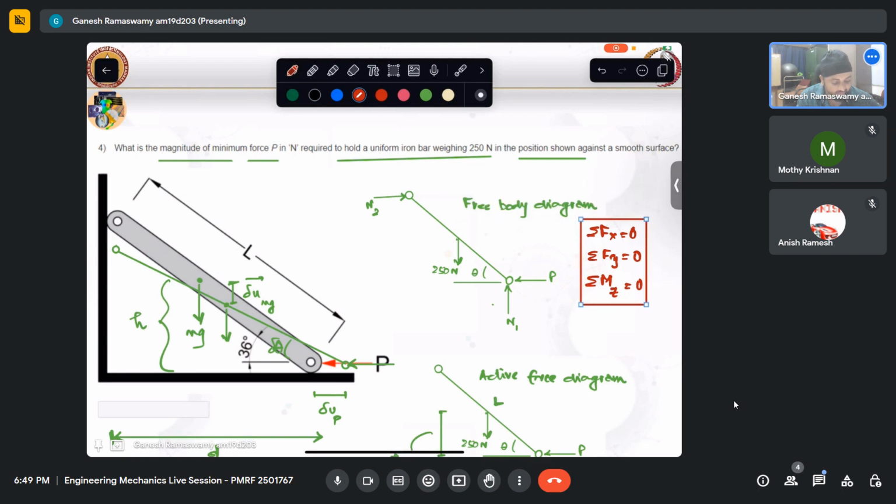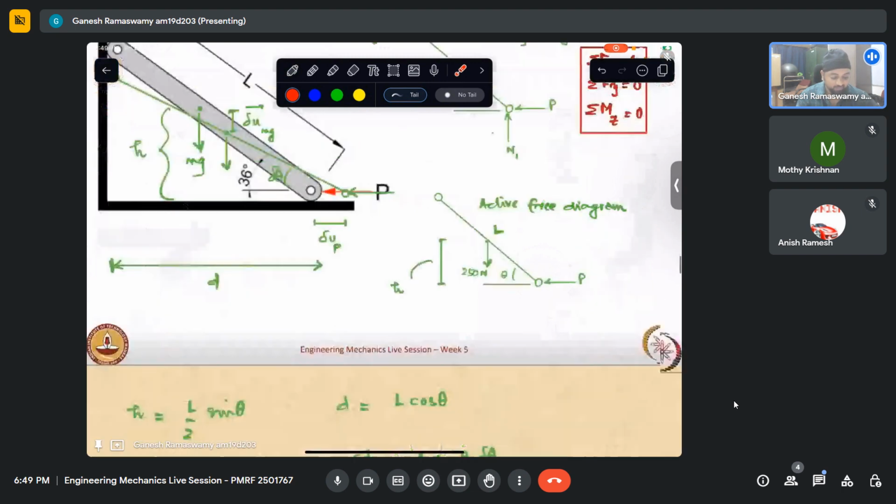In addition, we could have found N2 and N1 also. But what does our question ask? What should be the P to keep this in equilibrium? We are just trying to relate that. So without doing this, we just drew the active force diagram and applied the principle of virtual work to solve this. So I hope that is clear.